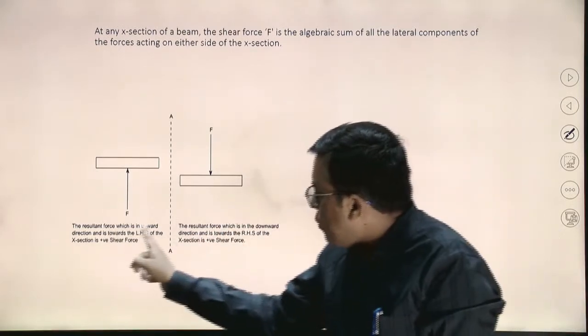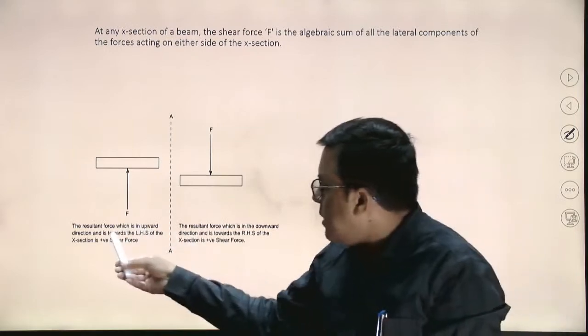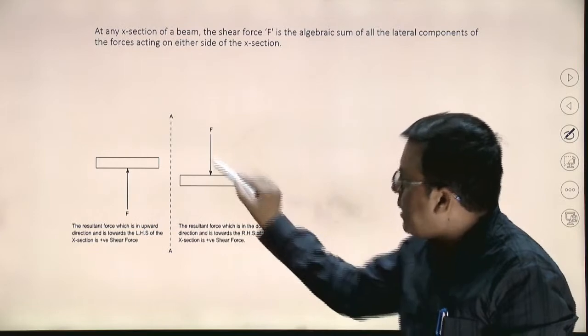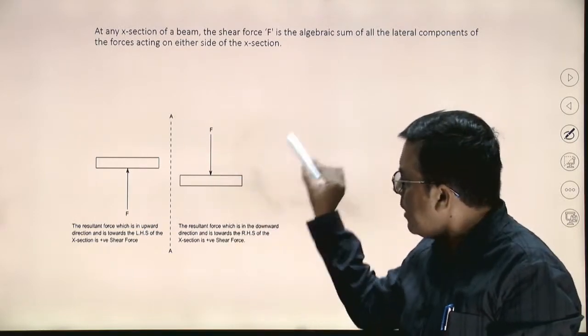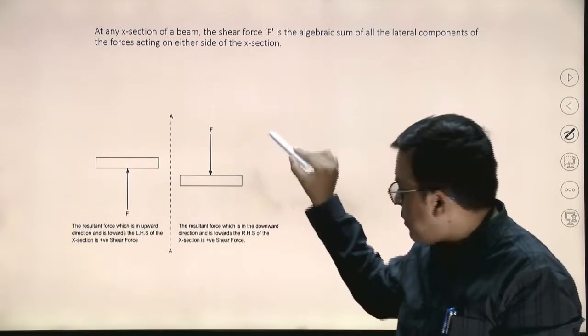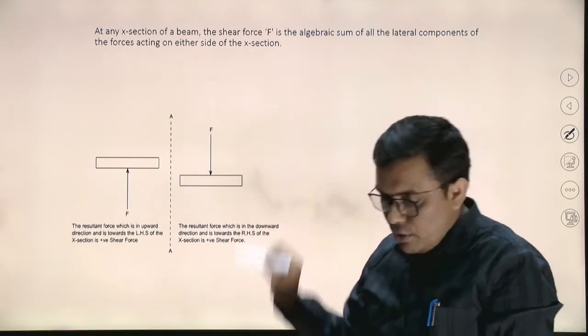So the resultant force in the upward direction towards the left hand side of the section plane is positive shear force. Similarly, on the right side of the section plane, a downward force will be treated as positive. Okay.